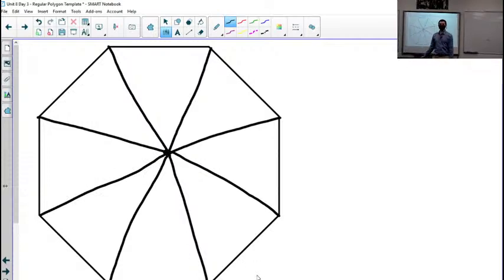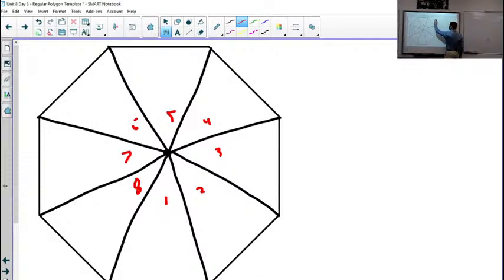Oh, hey, what shapes did I make? Oh, we made triangles again. How many of them did I make? Count them. 1, 2, 3, 4, 5, 6, 7, 8 of the triangles.